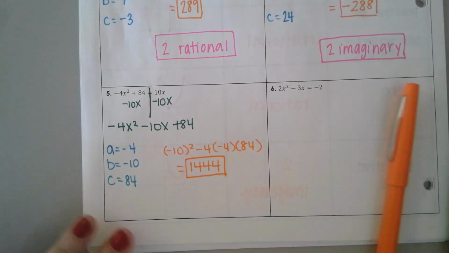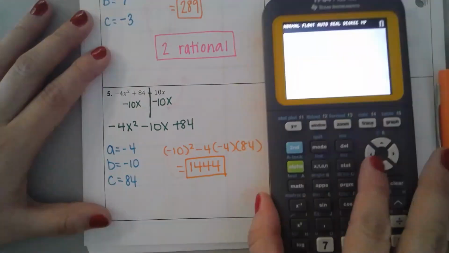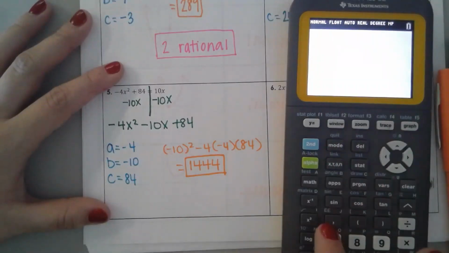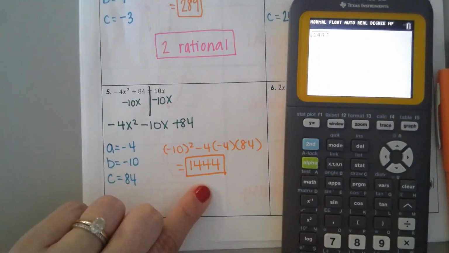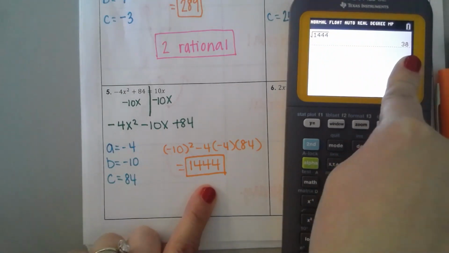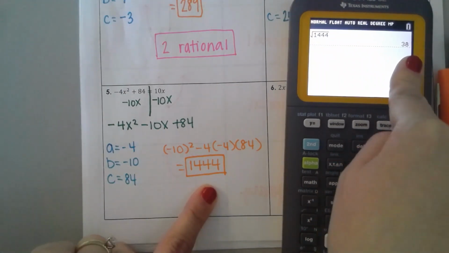I definitely don't know off the top of my head if that's a perfect square. So what I do is I take the square root and see if I get a whole number. And I got a whole number, so that means it is a perfect square.